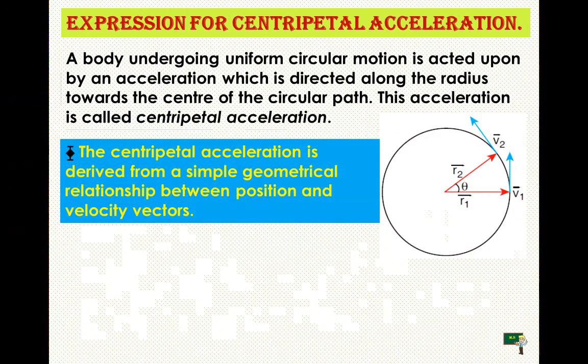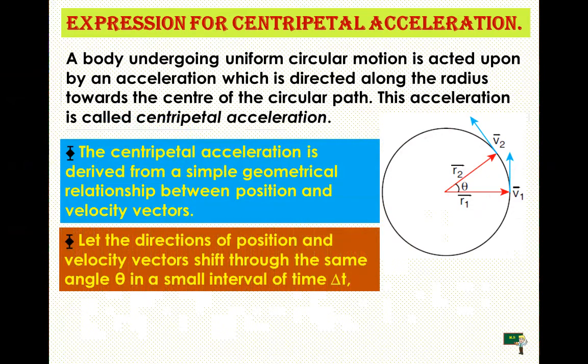Now, let us see the expression point by point. The centripetal acceleration is derived from a simple geometrical relation between the position and velocity vectors. Let the directions of the position and velocity vectors shift through the same angle theta in a small interval of time del t.